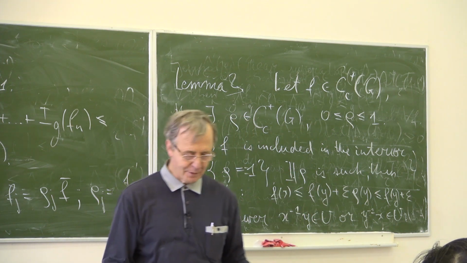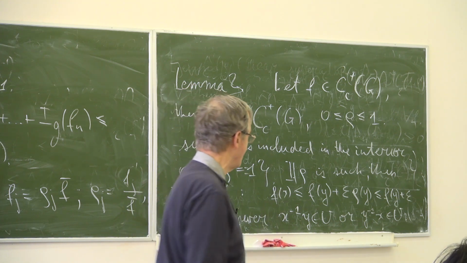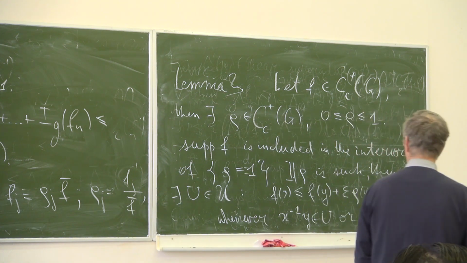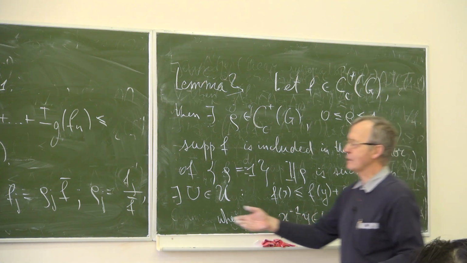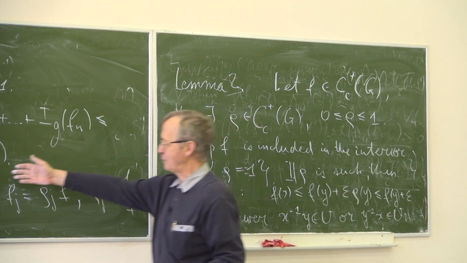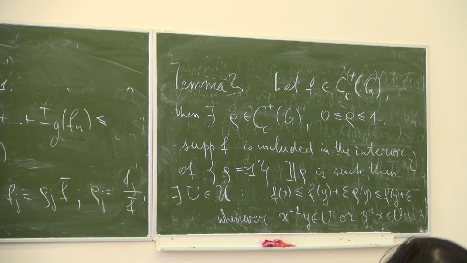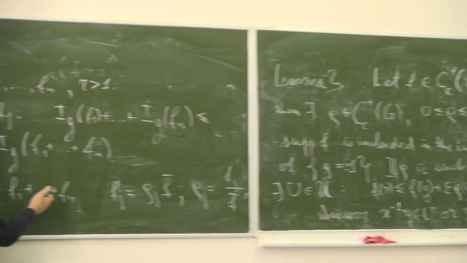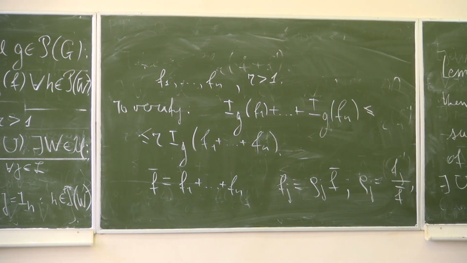So this is something like the Cantor theorem about uniform continuity. And it is stated in this form because it will be used in this context. So I want to define this f bar in a somewhat different way, and for this I need this auxiliary function rho and so on.